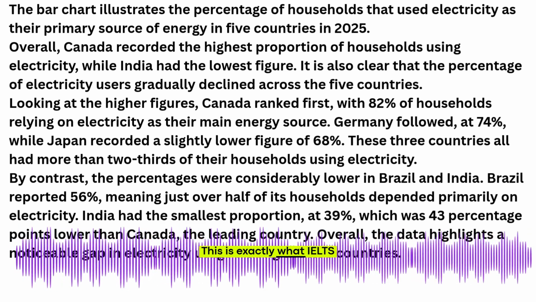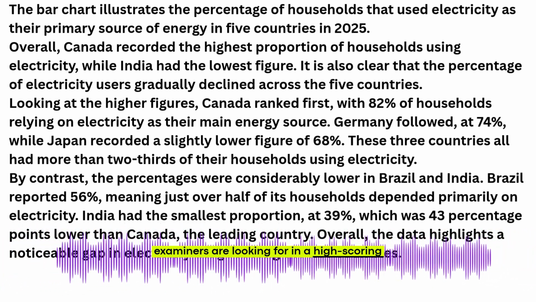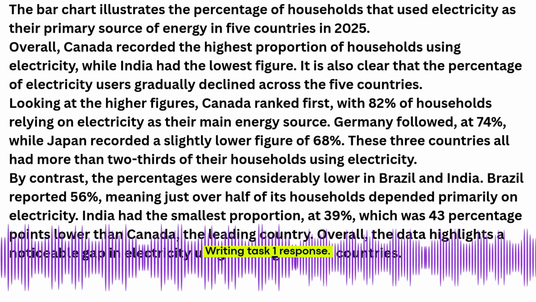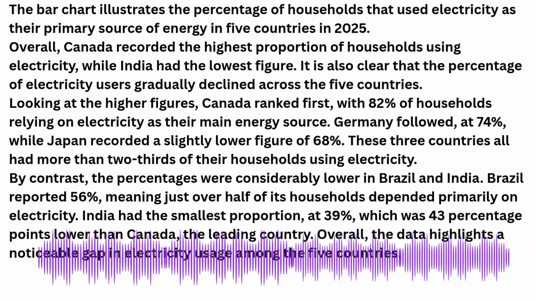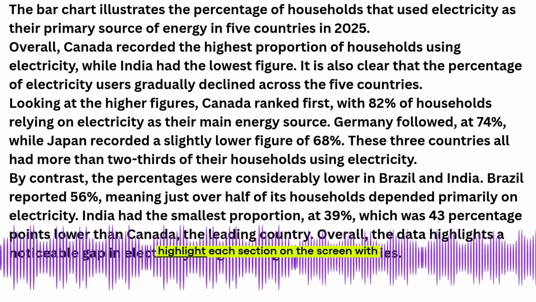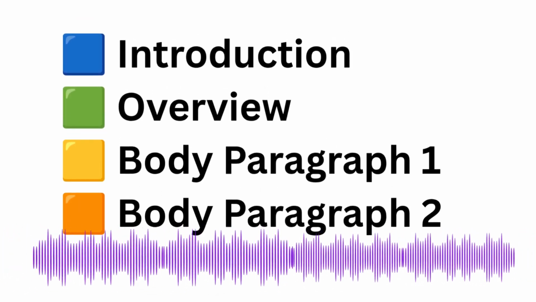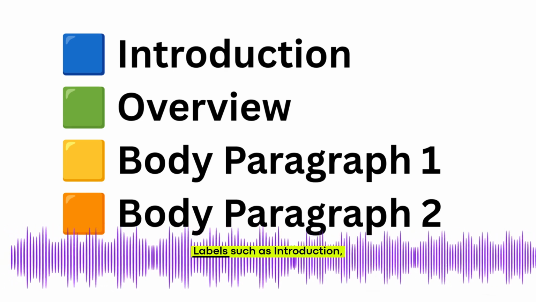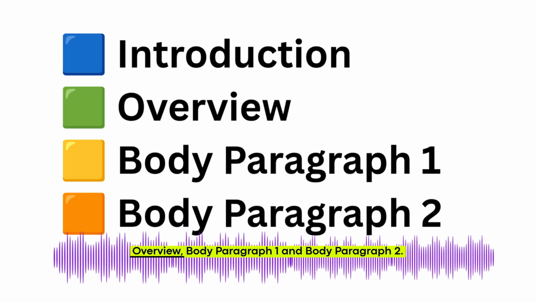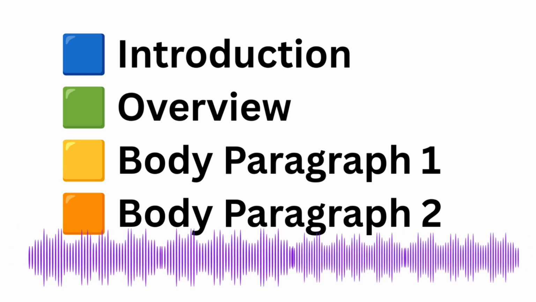This is exactly what IELTS examiners are looking for in a high scoring writing task one response. As you read the model answer, highlight each section on the screen with labels such as introduction, overview, body paragraph 1 and body paragraph 2.